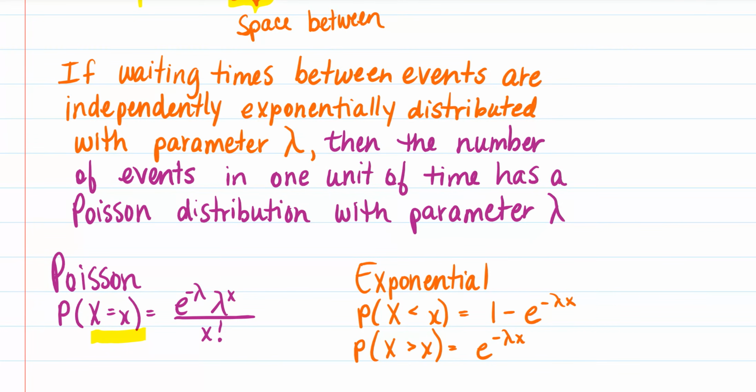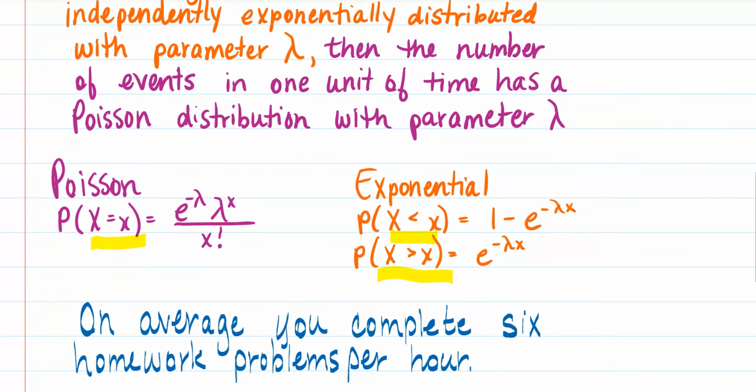With an exponential distribution, the cumulative density function gives us the probability that x is less than a specific number. We can also turn this around and look at the probability that x is more than a specific number. The probability that x is less than a specific number is 1 minus e to the negative lambda times x, where the probability that x is greater than a specific number is e to the negative lambda times x.